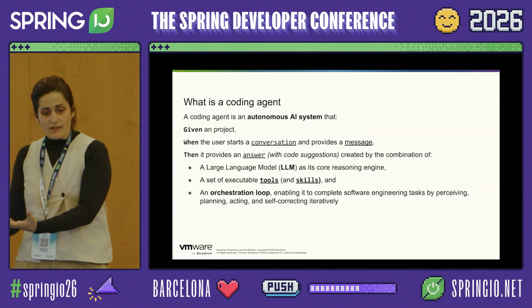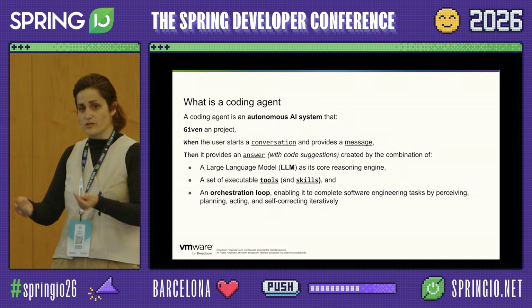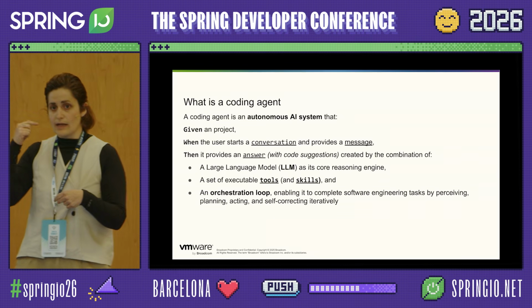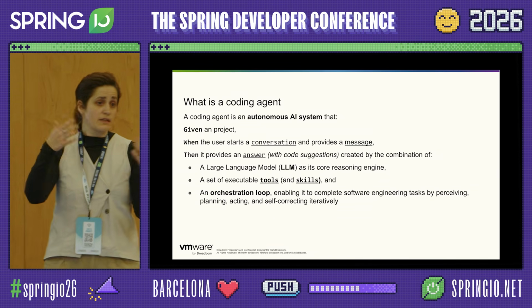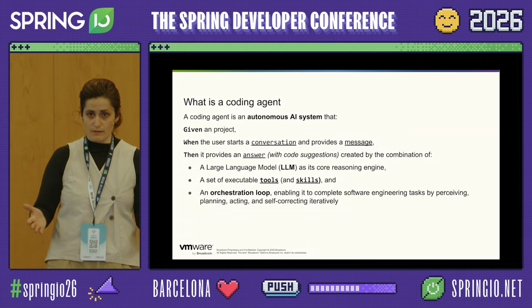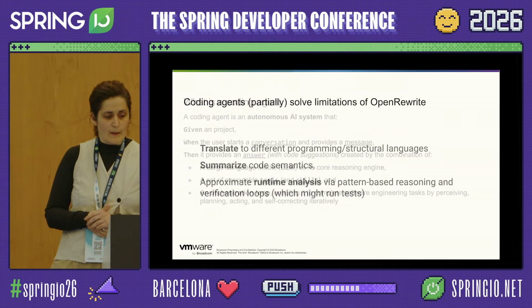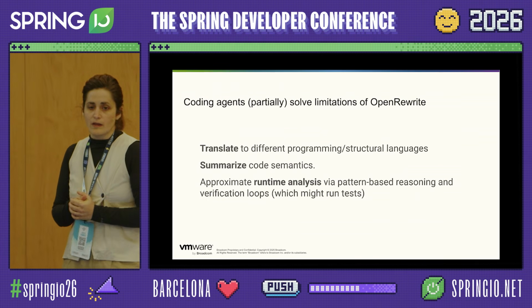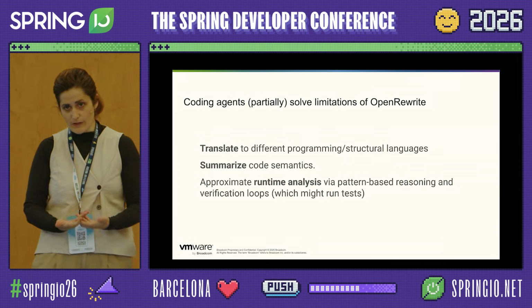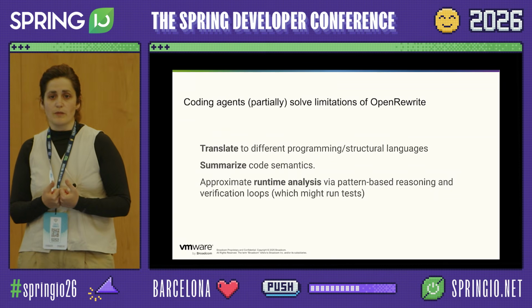The user provides a message, and the LLM is trying to give an answer based on the model and the available tools and the skills. And it's continuously trying until, for instance, the project compiles, right, or passes the tests.